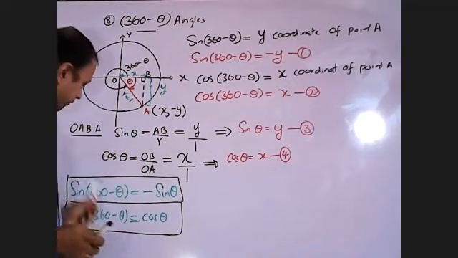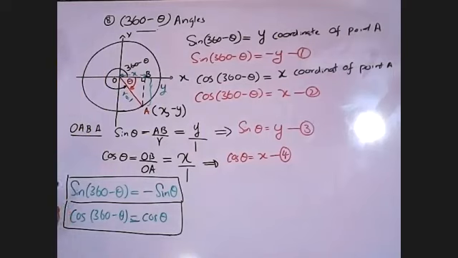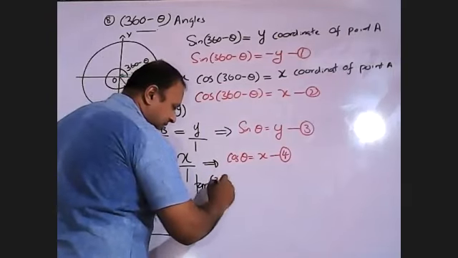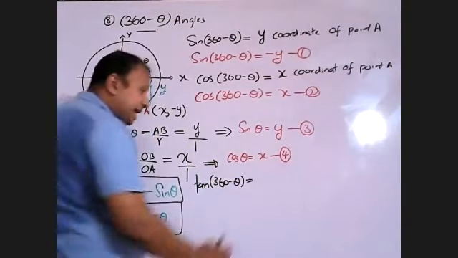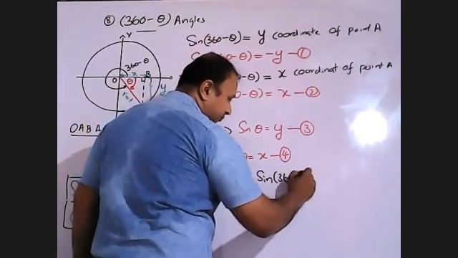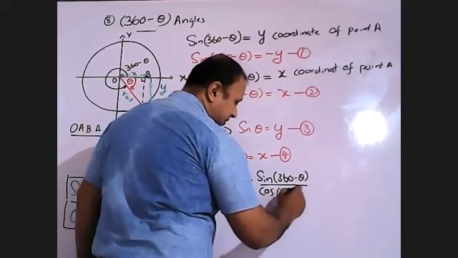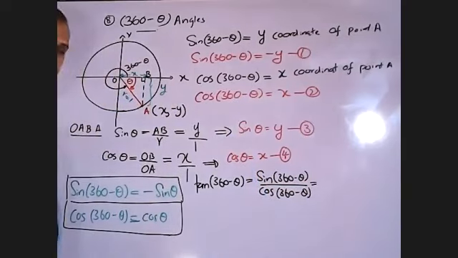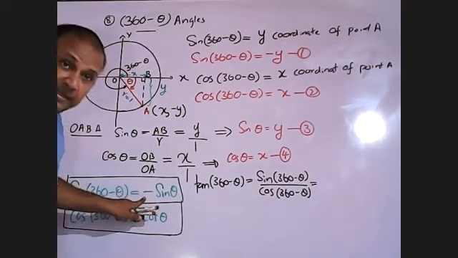Okay. Then if you divide these two, you will get tan 360 minus theta. Therefore, tan 360 minus theta is equal to sine 360 minus theta over cos 360 minus theta. Sine 360 minus theta is equal to minus sine theta.